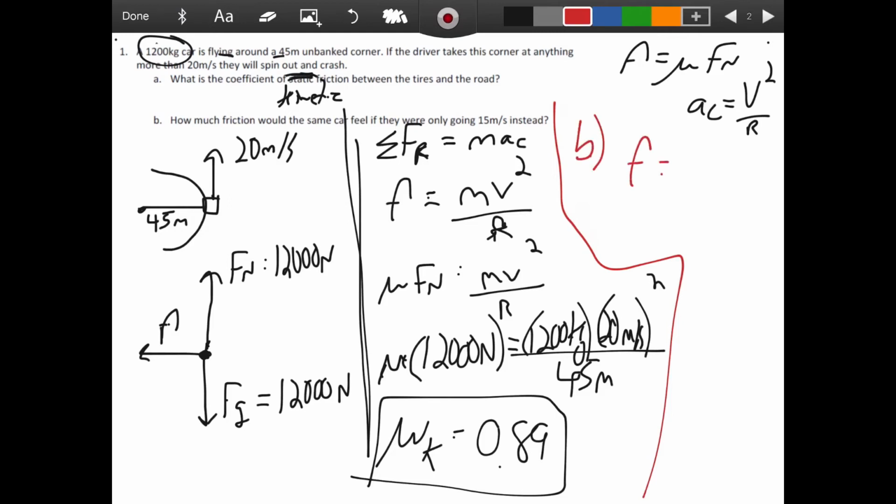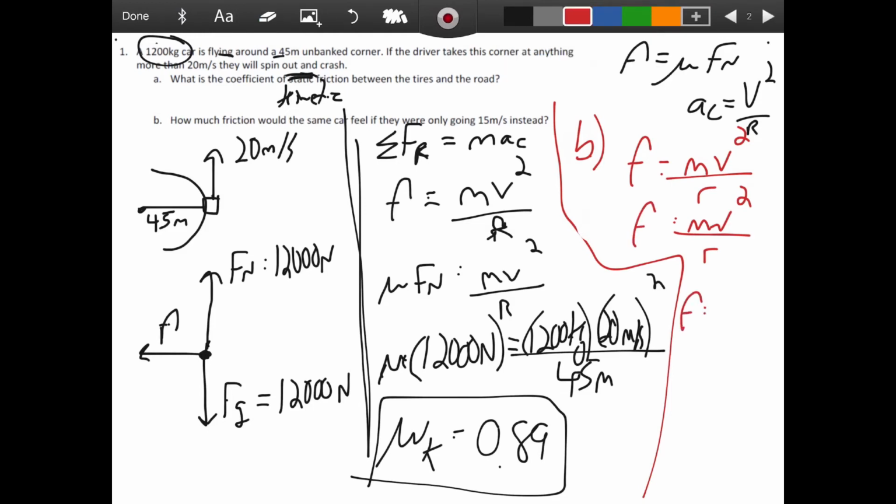So now we have force of friction equals mv squared over r. We actually don't need to plug in for this case, so I can take a step back, because all we're looking for is the friction.